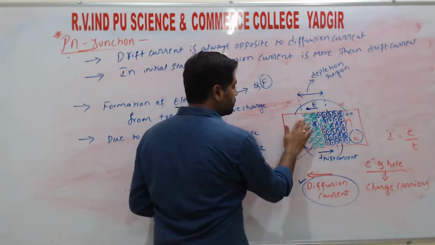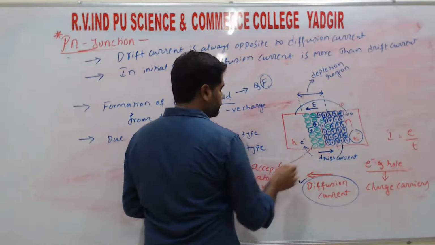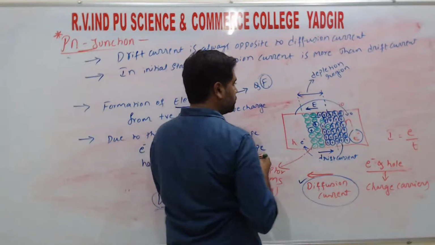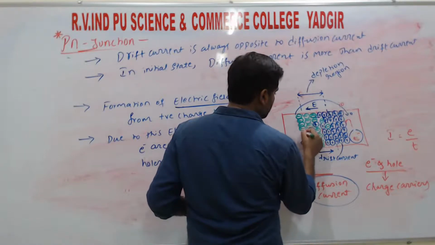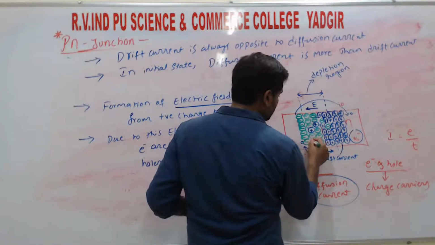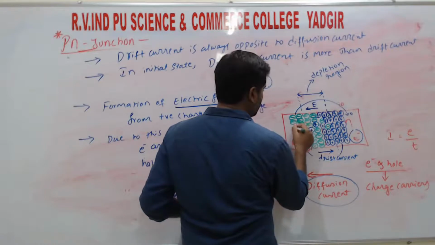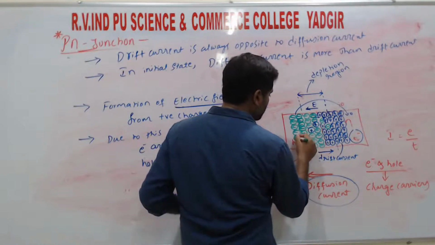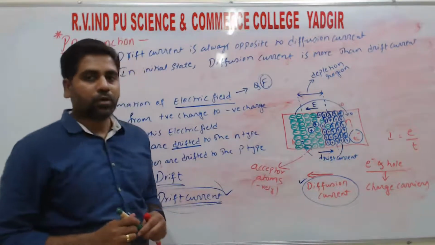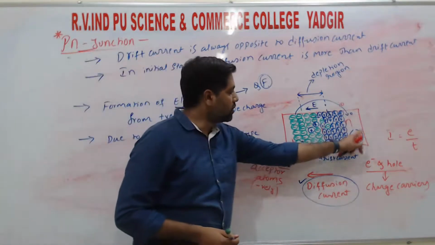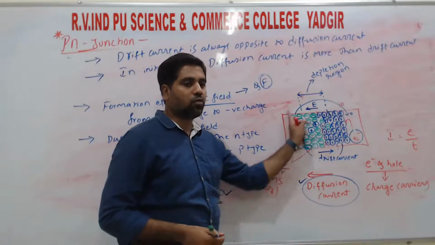Now observe here. Like this. So here is the number of electrons which are diffused and holes which are diffused.